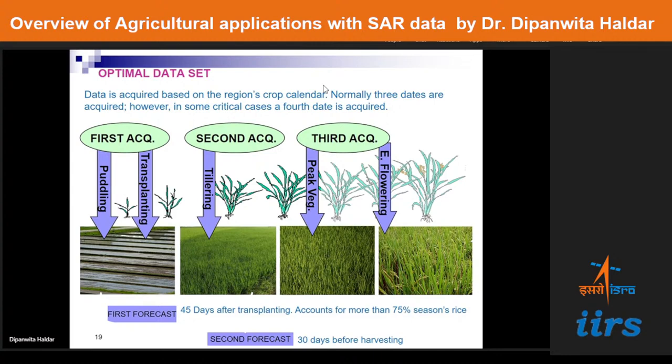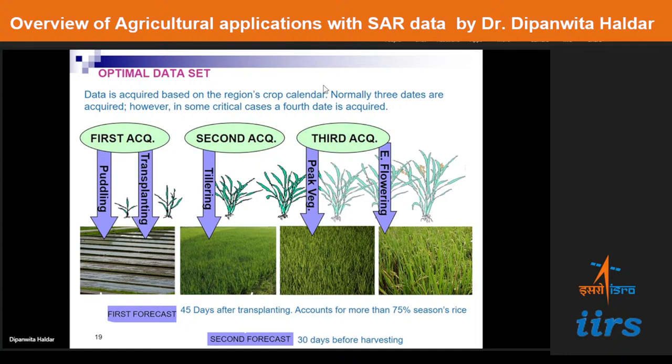So operationally, what is being done currently is there are 2 forecasts given by the Ministry of Agriculture. This work is operationally done by the Mahalanobis National Crop Forecast Center, located under the Ministry of Agriculture in New Delhi. And they give this forecast twice. So 45 days after transplanting, the first forecast goes, which accounts for about 75% of the season's rice.